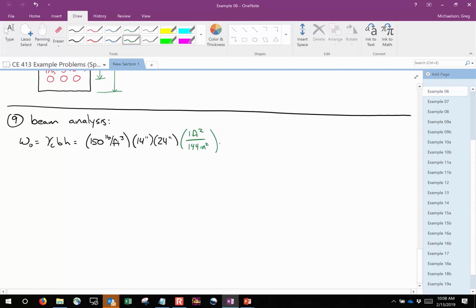So these calculations should be pretty rote because we're basically doing what we did before. So what does that come out to be? 350. Now what are the units?